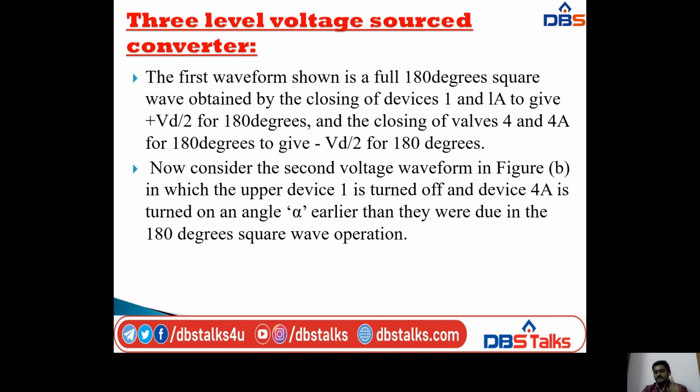In this case, only one device is on at a time on the upper half. Device 1 is turned off and device 4A is turned on at an angle alpha earlier than they were due in the 180-degree square wave operation. If you see the diagram, you will understand.